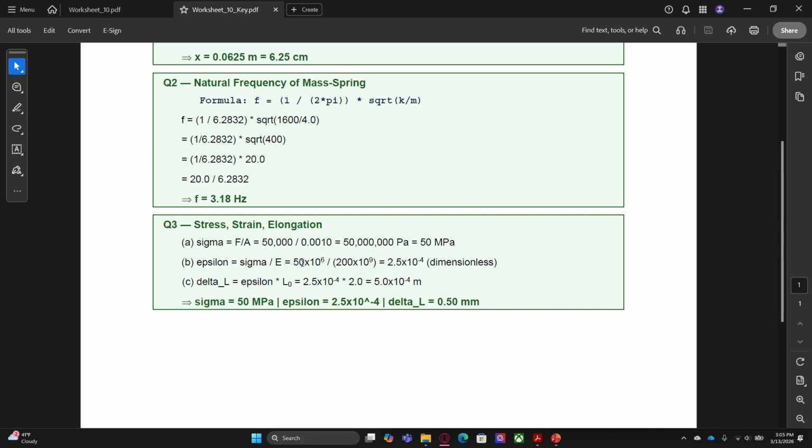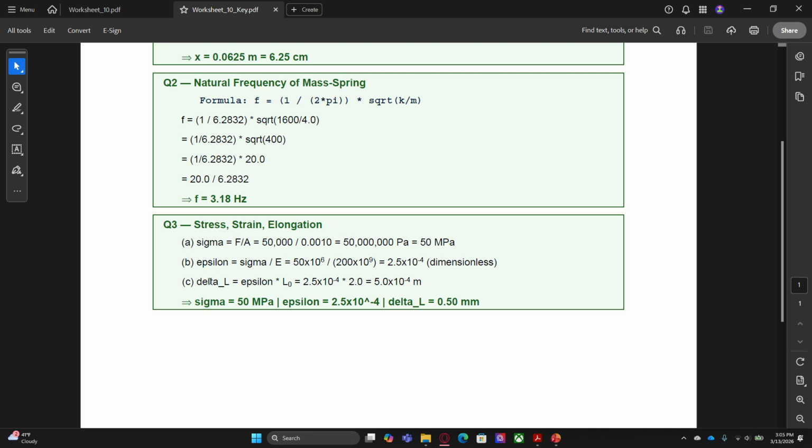Now, what we end up with is, for B, for epsilon, the strain, we have 50 times 10 to the 6 divided by the quantity, 200 times 10 to the 9th. And that ends up equaling 2.5 times 10 to the negative 4. Because we're taking pressure units divided by pressure units, our strain is unitless, it's dimensionless.